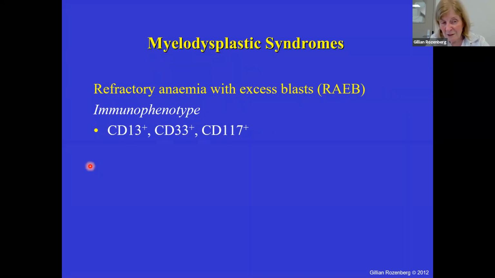Now, in group 2, where we've got up to 19% blasts, I think immunophenotyping would be relevant. And so what we're doing here now is showing you the myeloid CD markers. So CD13 and CD33 are myeloid markers, and your CD117 is a progenitor of the myeloid line.